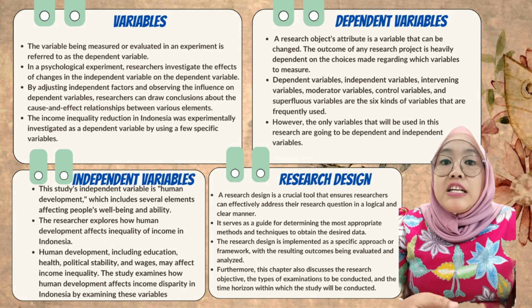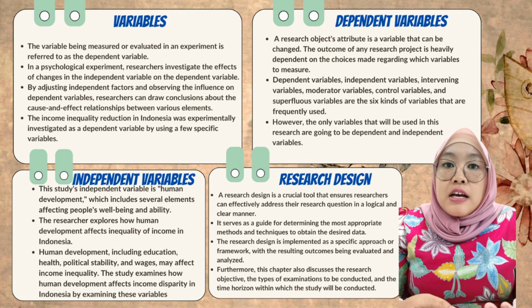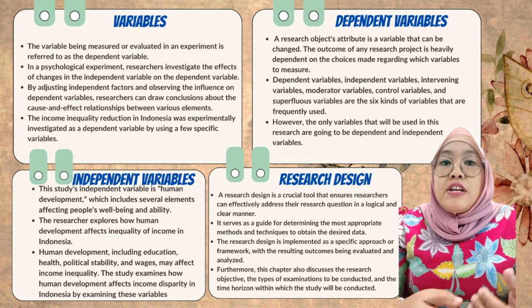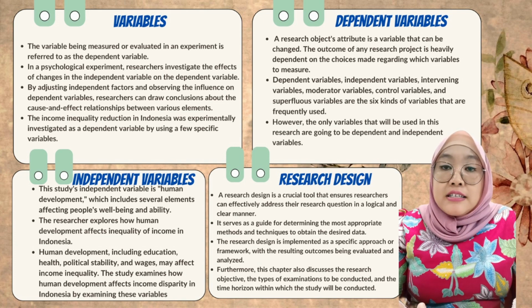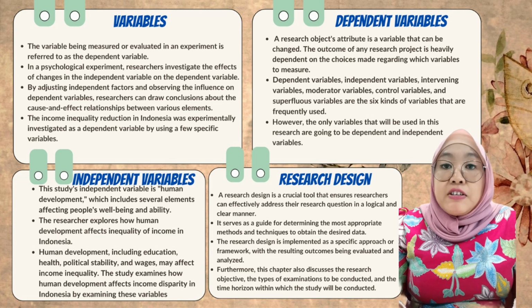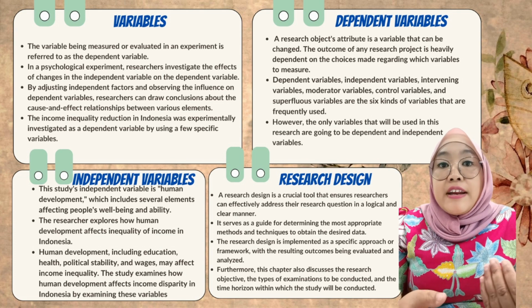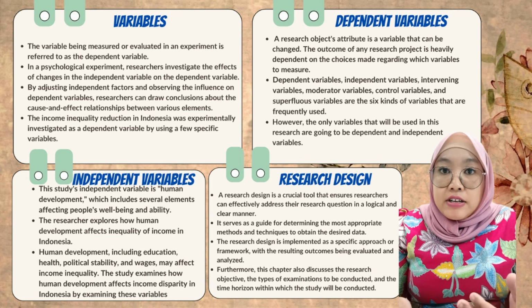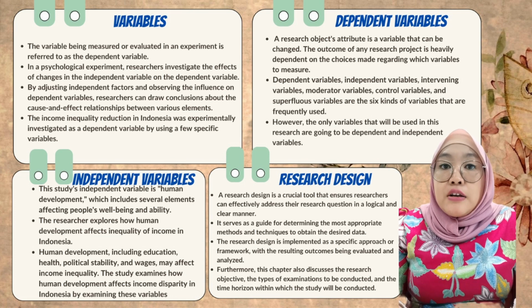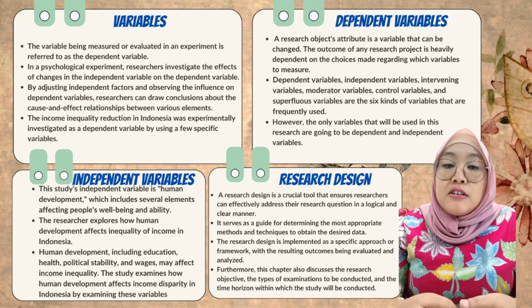The income inequality reduction in Indonesia was experimentally investigated as a dependent variable by using a specific variable. For dependent, a research object's attribute is a variable that can be changed. The outcome of any research project is heavily dependent on the choices made regarding which variable to measure.